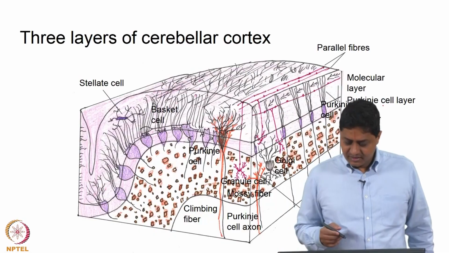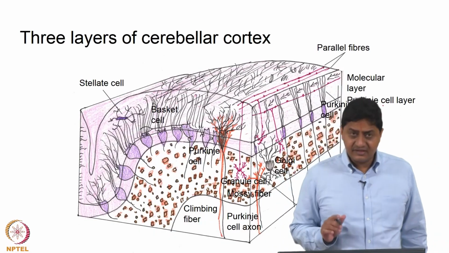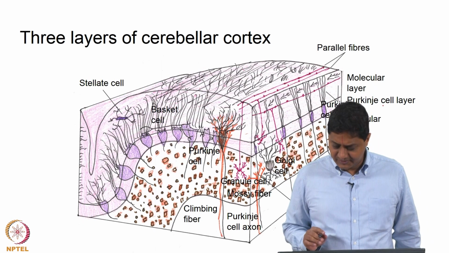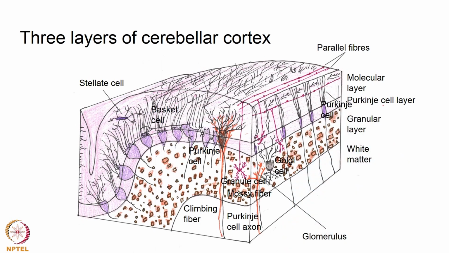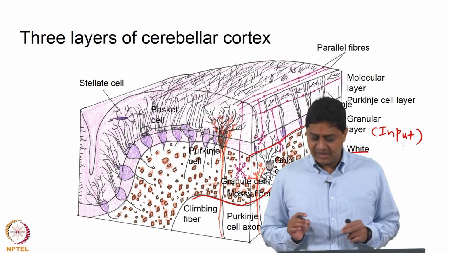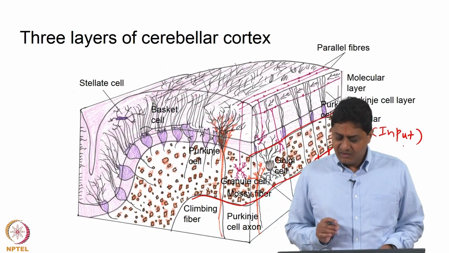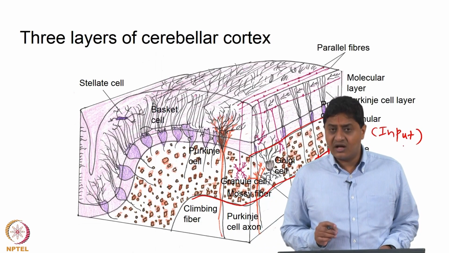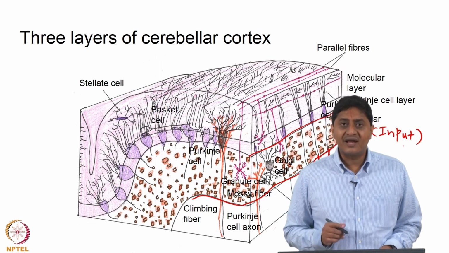A bigger picture is in this slide. This is relatively confusing, but we will take it step by step to understand what is going on. The inputs come from the bottom. This is white matter. The granular layer, which starts around here, is the major input layer of the cerebellum. It has a large number of granule cells.